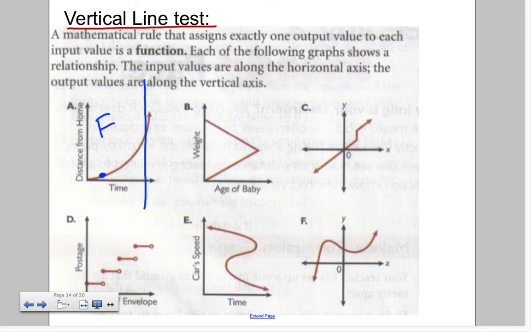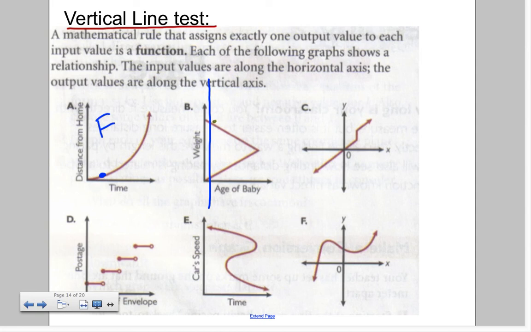Now as I move on to graph B, there we go. All right, so here, if you notice, I'm going to move it right there. Right there, how many times does the blue line cross the graph?